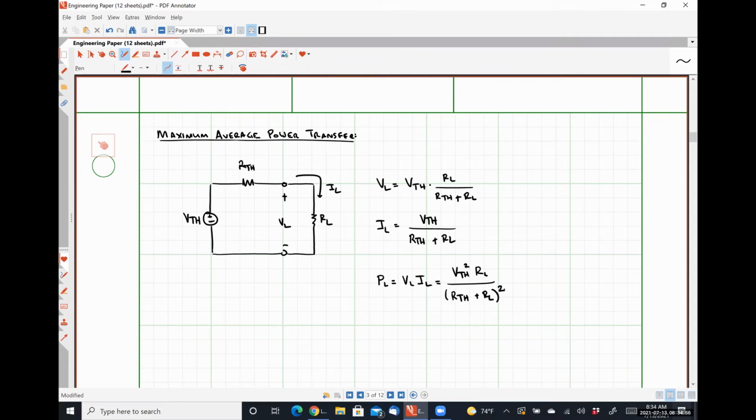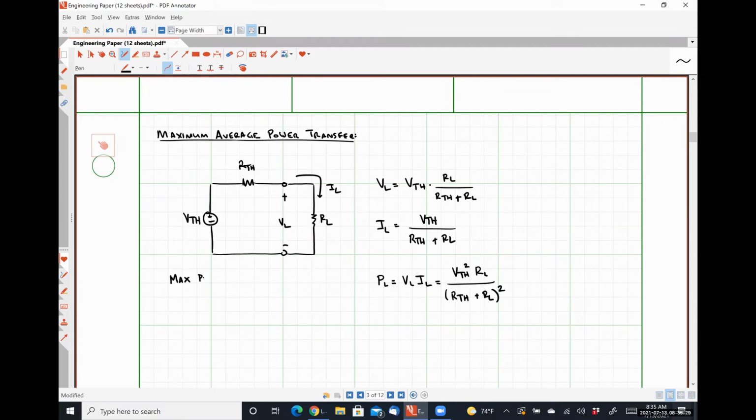What we did in circuits 1 is we took the derivative of this expression for our power with respect to that load resistance RL and found out what value of RL caused the maximum amount of power transfer to occur. Do either of you guys remember what value that is? Yeah, when RL is exactly equal to RTH. So let me just write that down real quick.